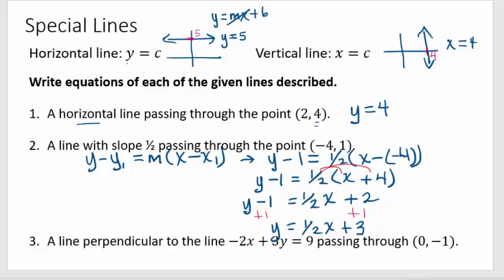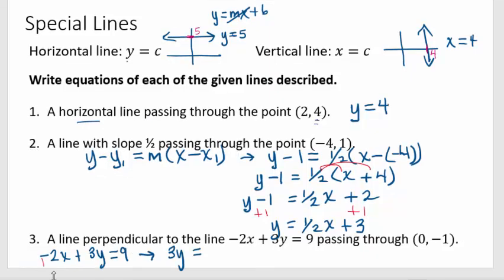And lastly, we want to write an equation of a line perpendicular to the given line and passing through the point (0, -1). So we really need the slope of the given line in order to find the slope of the line that's perpendicular to it. So I'm just going to quickly transform this equation to slope-intercept form by adding 2x to both sides and then dividing by 3.